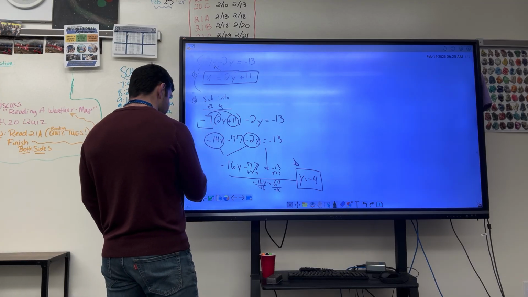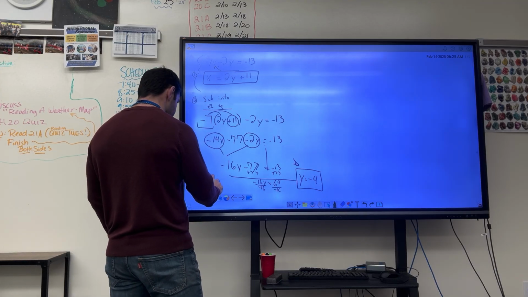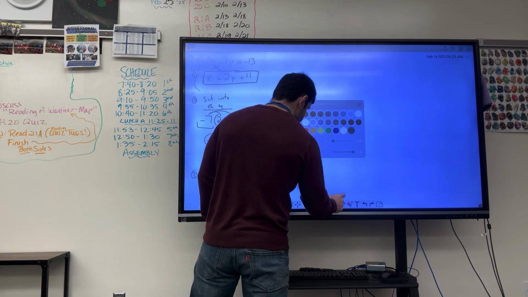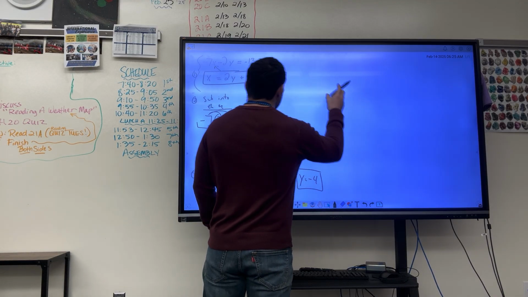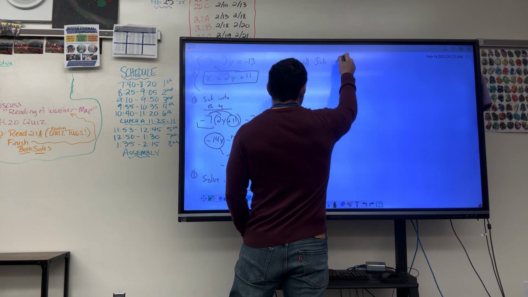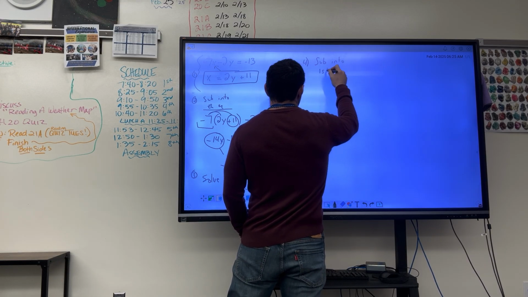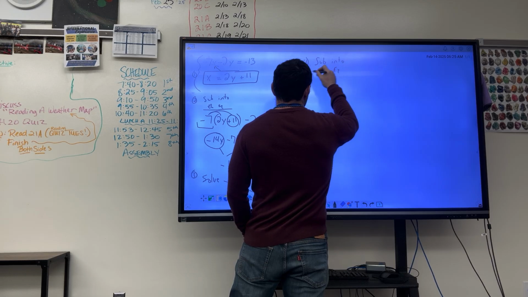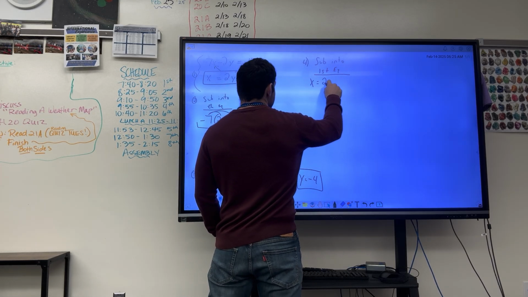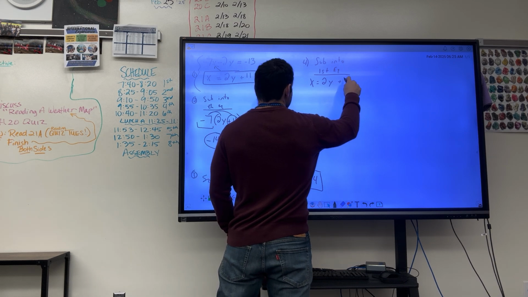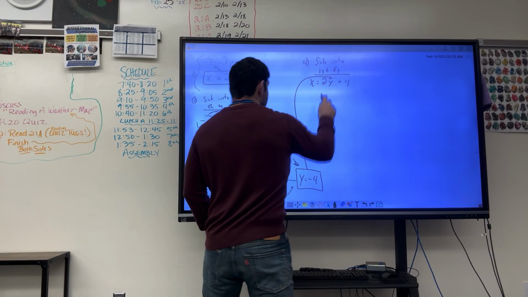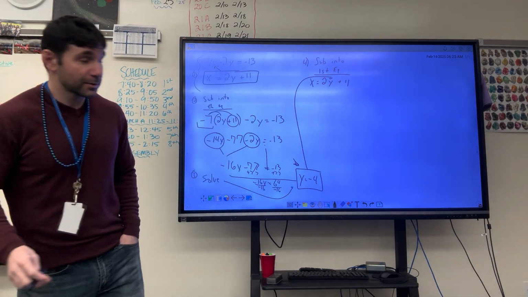So that was step 3, which was solve. Step 4, sub into first equation. So now I have x equals 2y plus 11. This y is going in there.